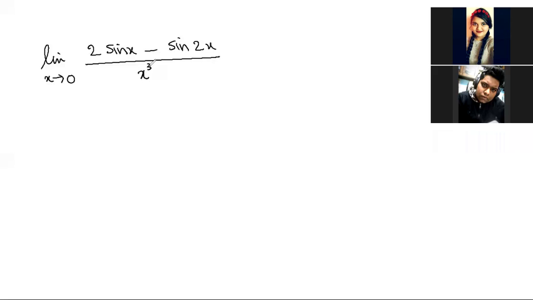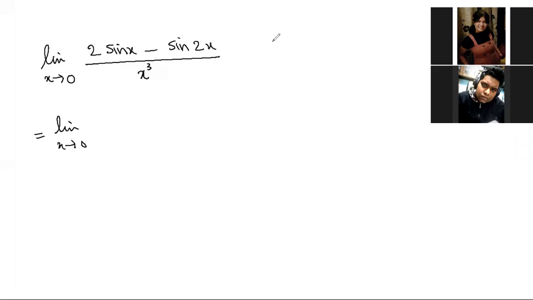Sine 2x can be written as 2 sin x cos x. Very good, excellent. And 2 sin x we can take common: 2 sin x minus 2 sin x cos x. Anybody having a doubt about where this magic happened? Sir, formula.